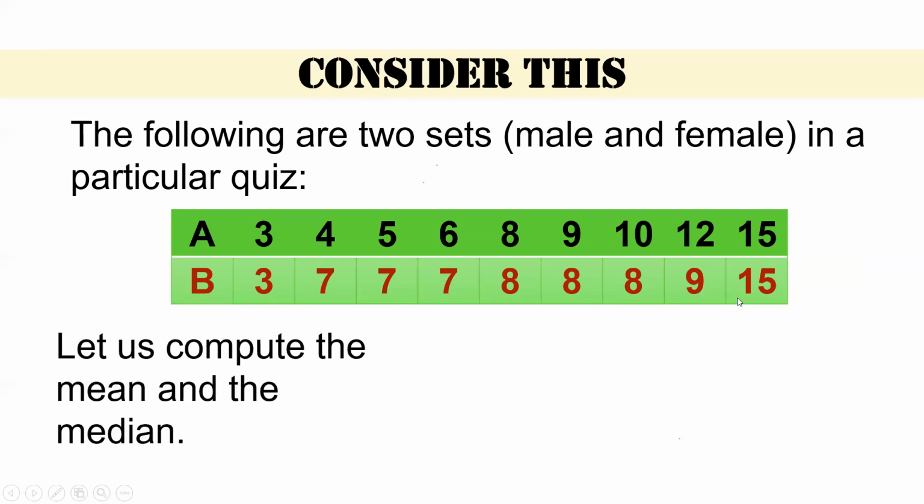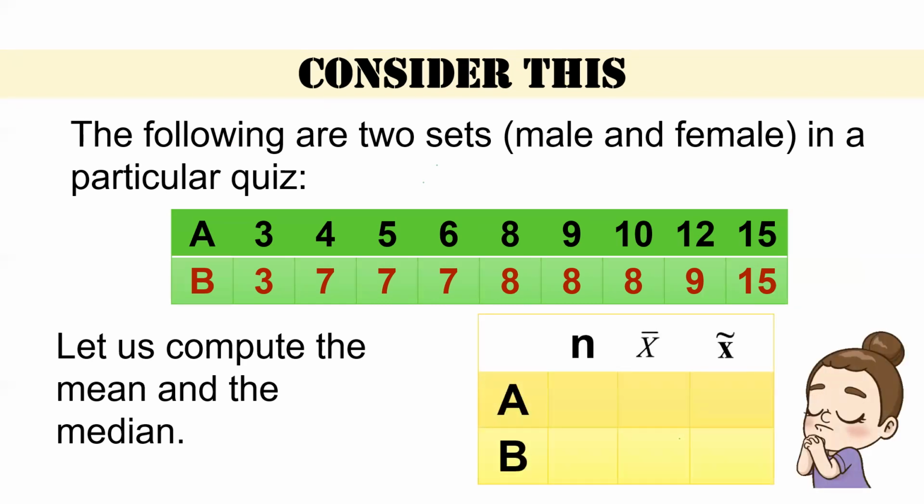Now, let us compute for the mean and median of each. So, ang N naton for each is 9. How come 9? Because there are 9 male students. There are also 9 female students.